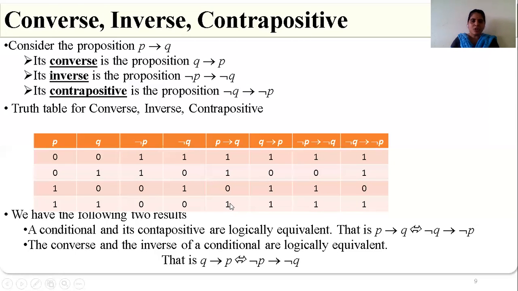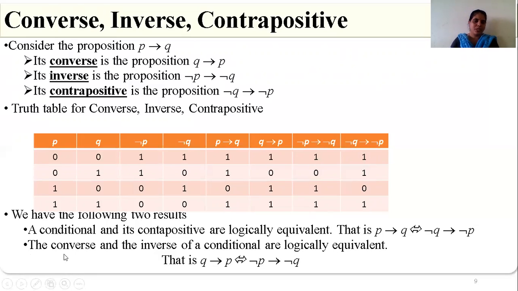It is logically equivalent to the contrapositive of this conditional, and this column is the contrapositive. We can observe that the column P implies Q has all truth values the same as negation of Q implies negation of P. That indicates P implies Q is logically equivalent to negation of Q implies negation of P.